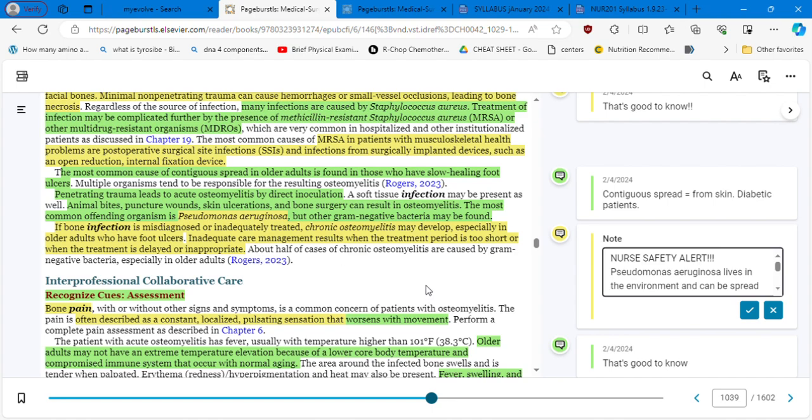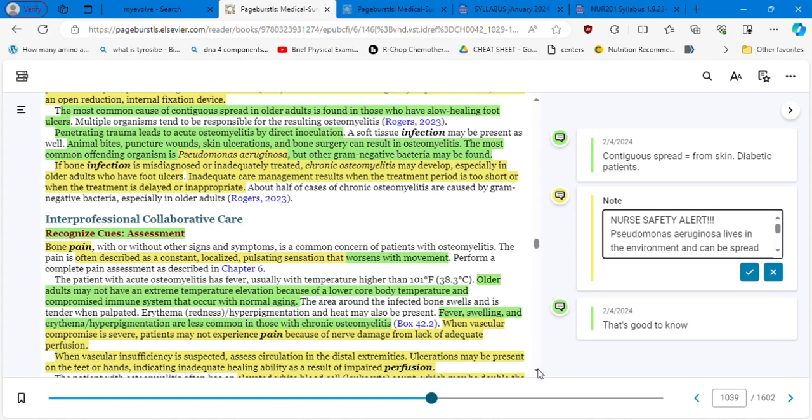To try to work in an environment to provide care to patients, and then you end up being the one sick. If bone infection is misdiagnosed or inadequately treated, chronic osteomyelitis may develop, especially in older adults who have foot ulcers. Okay, inadequate care management results when the treatment period is too short or when the treatment is delayed or inappropriate.